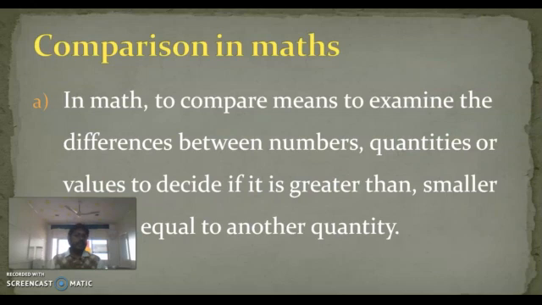In math, to compare means to examine the differences between numbers, quantities or values to decide if one is greater than, smaller than or equal to another quantity. As I said earlier, we need at least two quantities or two groups to compare. In maths, we compare to identify which group is greater, which is smaller, or whether they are equal. That is comparison of numbers.